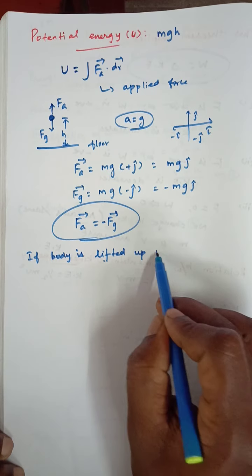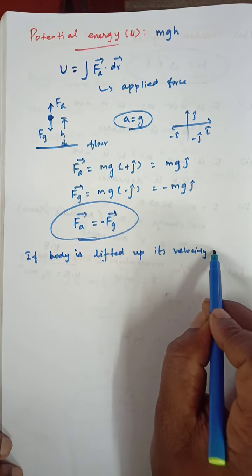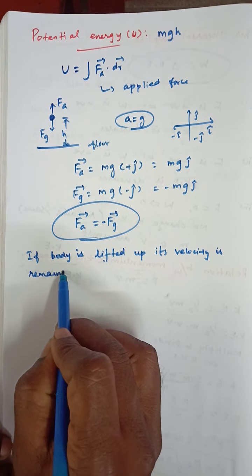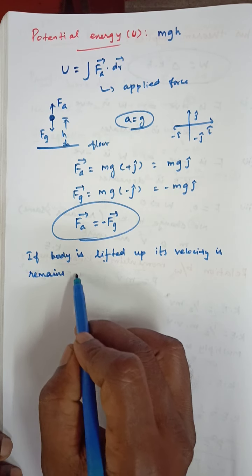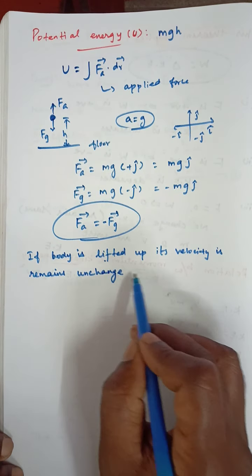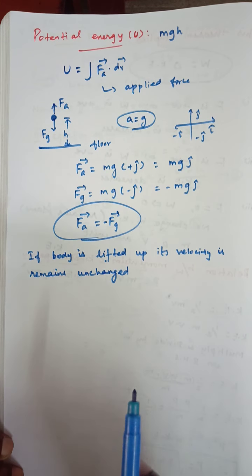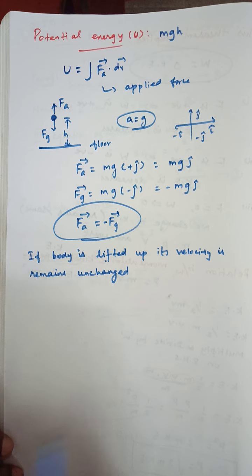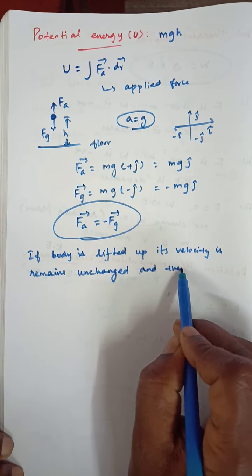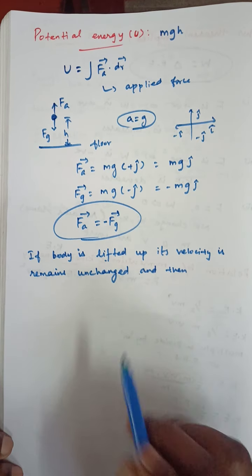Remains the same means what? Unchanged. See, if the object is moving upwards keeping the same constant velocity, clear? And then if v is the same or constant, it means there is no change in kinetic energy.